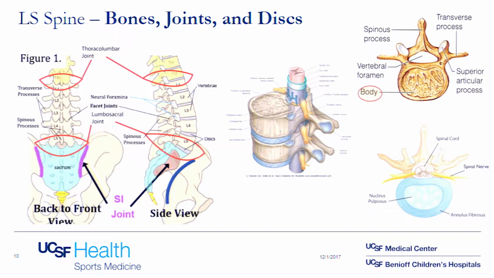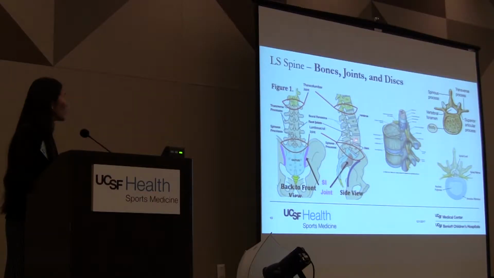So quickly, anatomy. We start with the inner layer, right? This is the basic layer: the bones, the joints, and the discs. So becoming familiar with the SI joints and being able to palpate them, right? These are the spinous processes. In between every vertebra is a disc, formed of the annulus fibrosus and the nucleus pulposus.